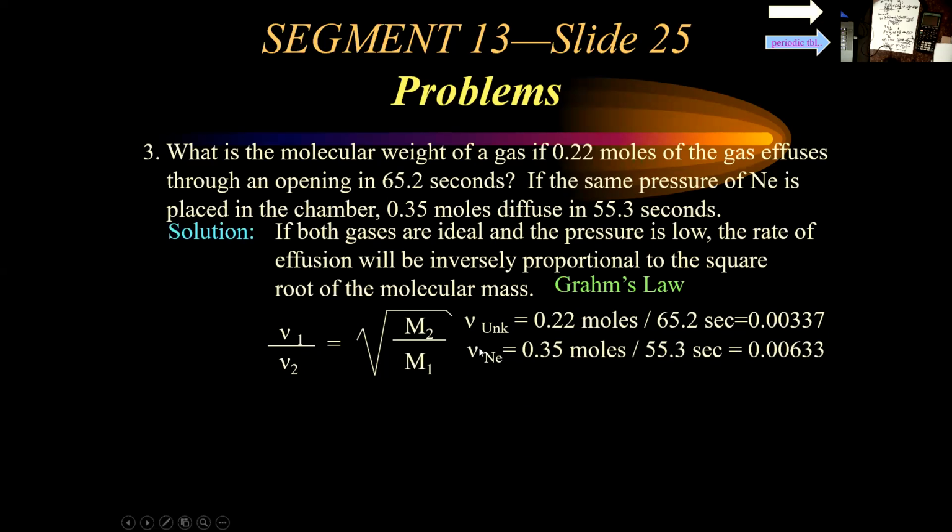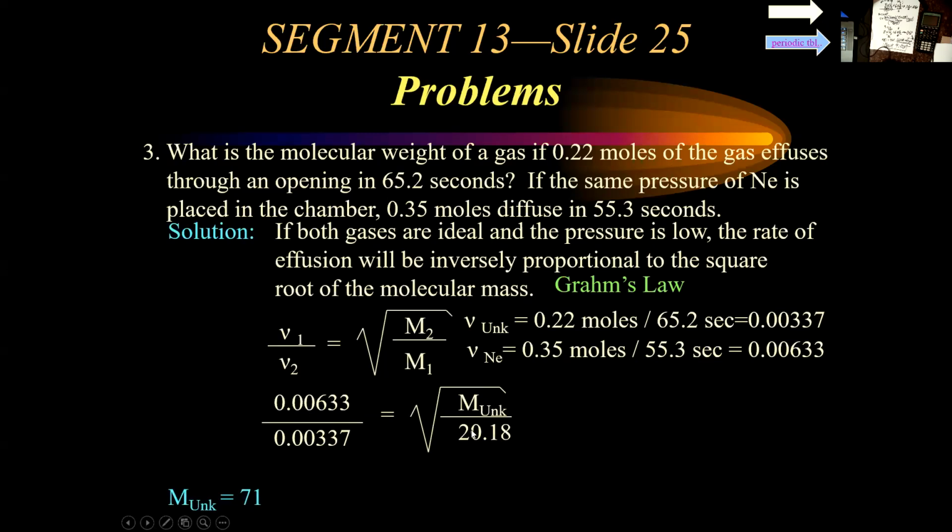The velocity of effusion for the neon, it takes 0.35 moles effused in 55.3 seconds. So it's that number. So this divided by this equals the molecular weight of my unknown. Number 2 was my unknown. And molecular weight of the neon is 20.18. Solve for that. I can get the molecular weight of the unknown. Molecular weight of the unknown is 71.